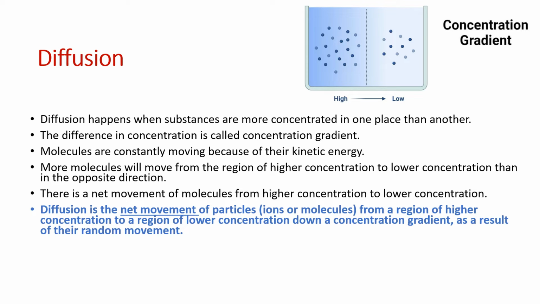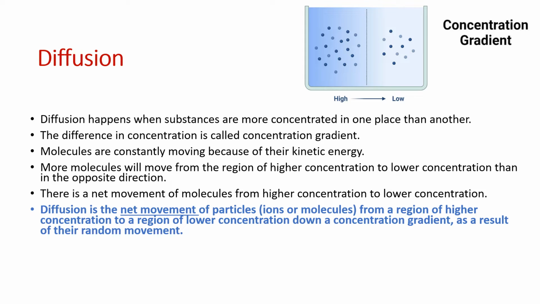Even after all the molecules are evenly distributed, molecules still move in either direction, but there is no net movement of molecules. When molecules move from high to low concentration, we say they move down a concentration gradient.